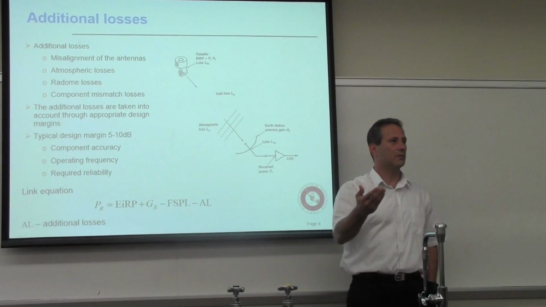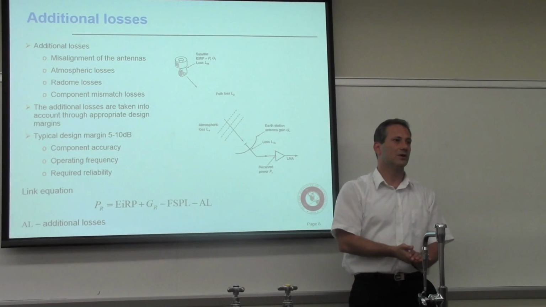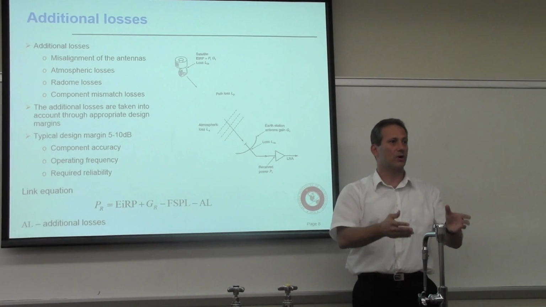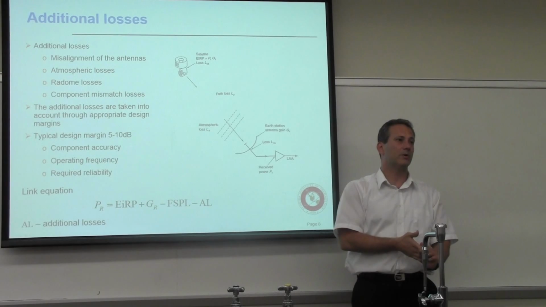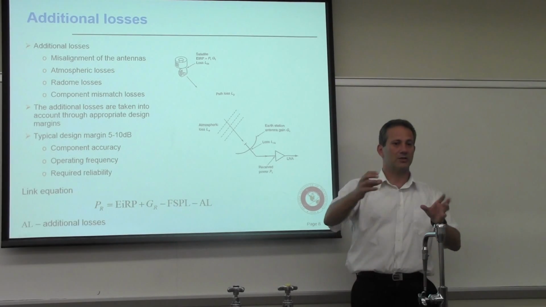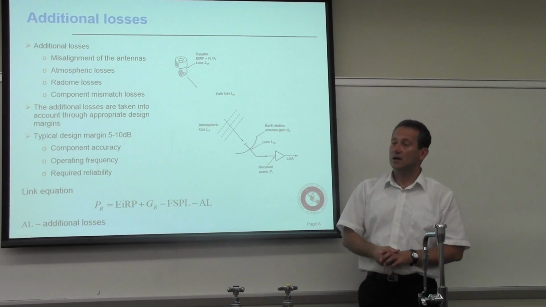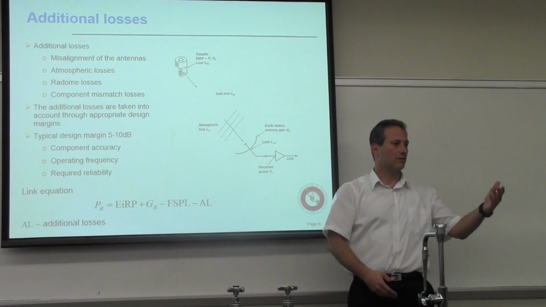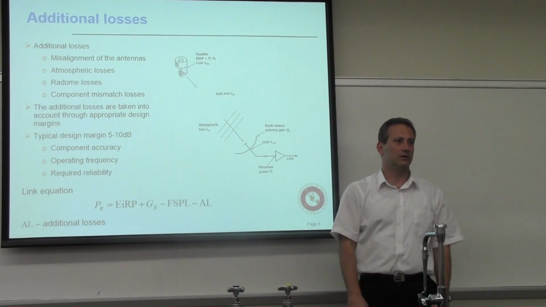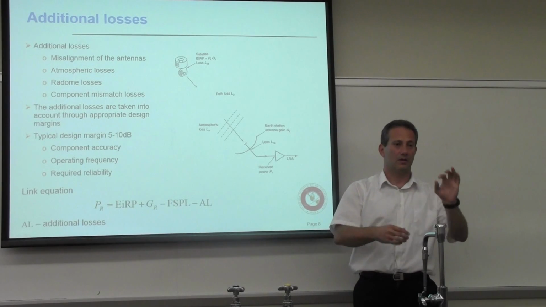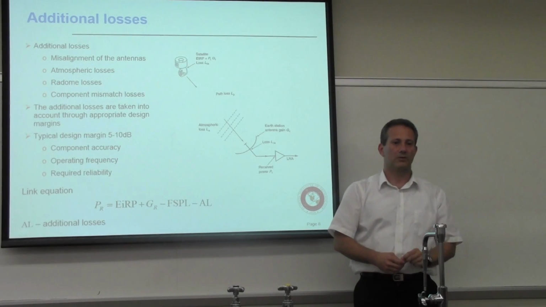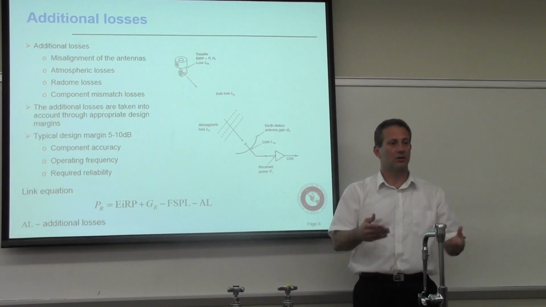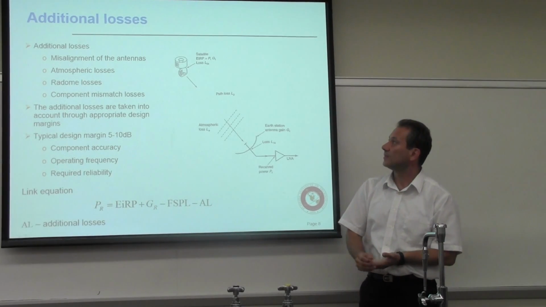There is absorption coming from gases in the atmosphere, and when we get to that point, I'll talk about absorption peaks for oxygen and water vapor, which are major impairments for some frequencies. And there are also these hydrometeors like rain, fog, and snow that resonate with an electromagnetic wave of a proper frequency, and therefore introduce additional losses beyond the free space loss.